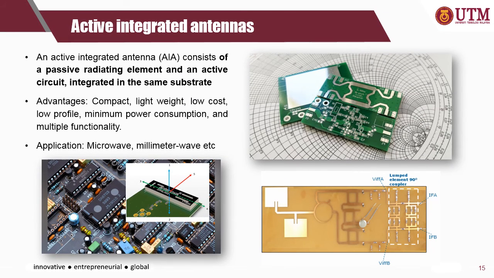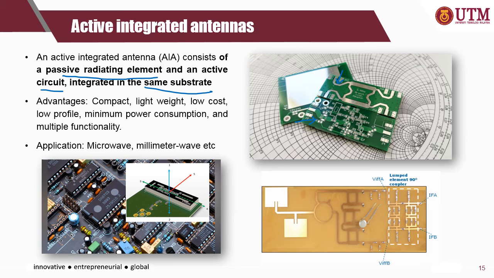Okay, next are the active integrated antennas, which consist of a passive radiating element, meaning the antenna, and the active circuit placed on the same substrate. We can see that the antenna and the active components are placed on the same surface. For example, in a mobile phone, we have the integrated antenna and also the active element on the same surface.